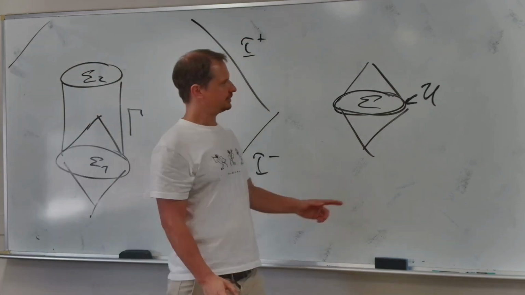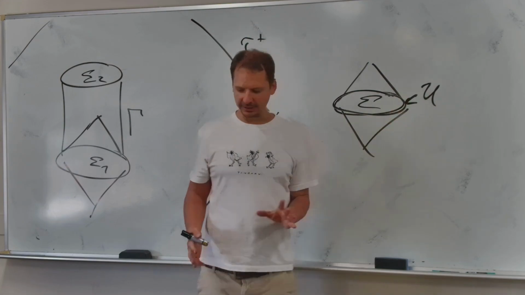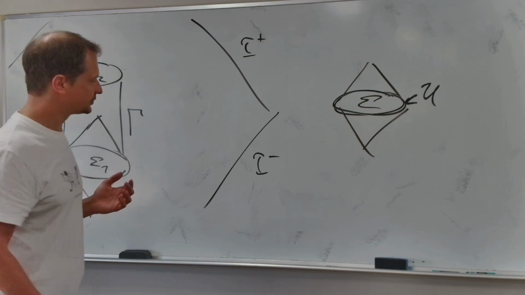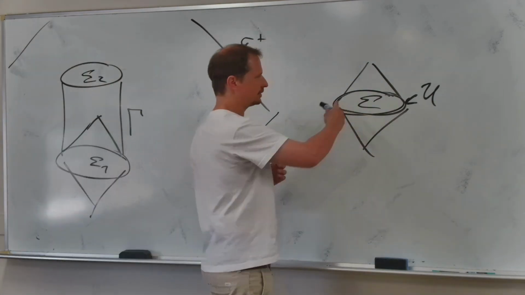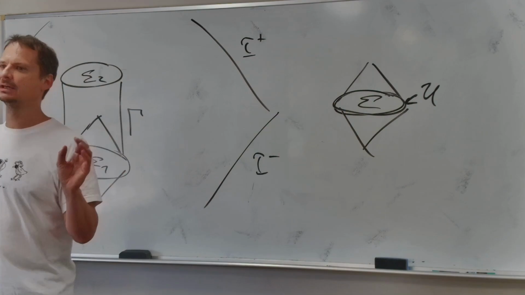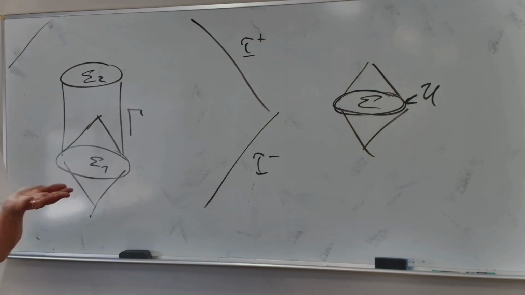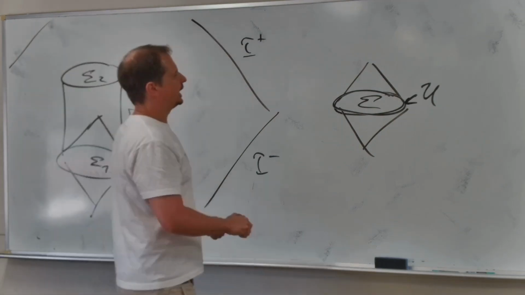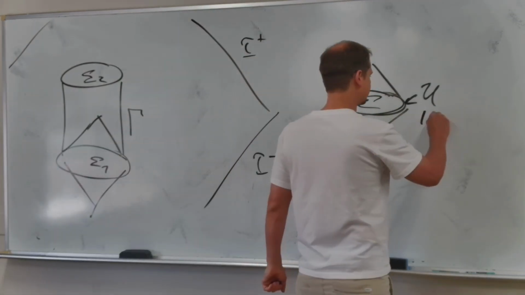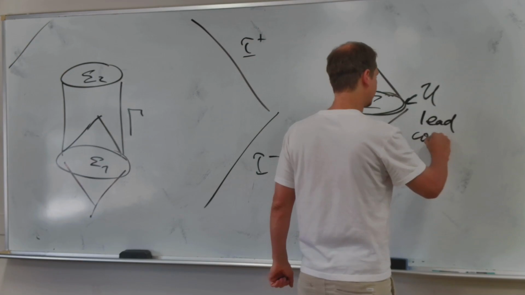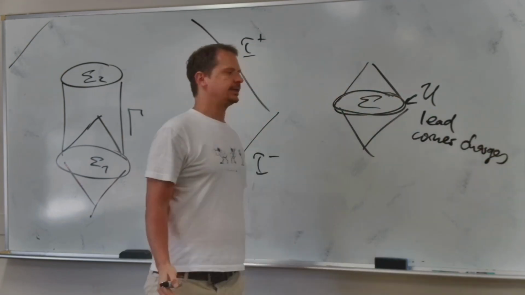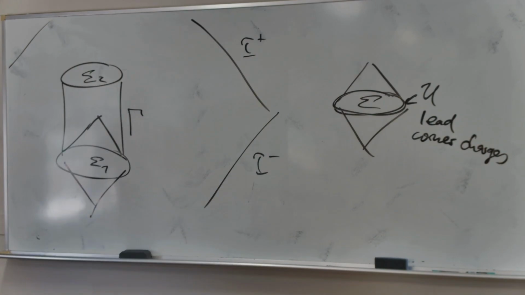They also showed that, since I have new degrees of freedom, I can actually address some of the degrees of freedom here on the corner with these edge modes, and construct new charge operators. This led to corner charges, and in gauge theories it's mostly electric flux operators.